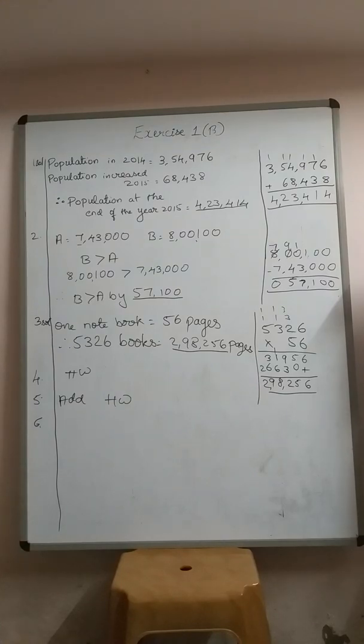A cricket player has so far scored 7,849 runs in test matches. He wishes to complete 10,000 runs. How many more runs does he need? Fine. Let us write the solution for this. So let us write scored runs.